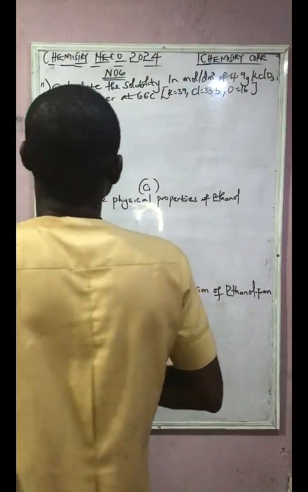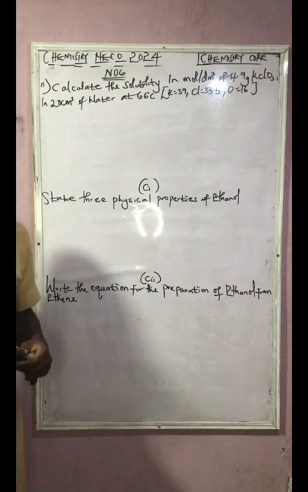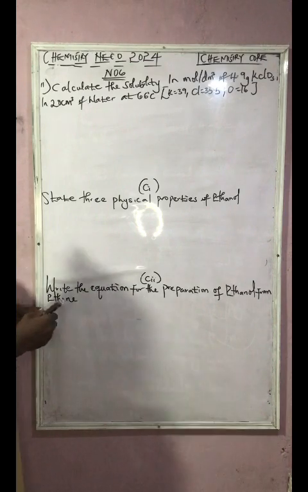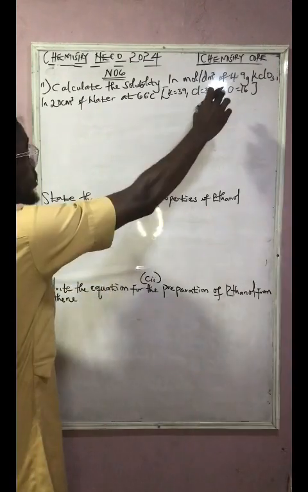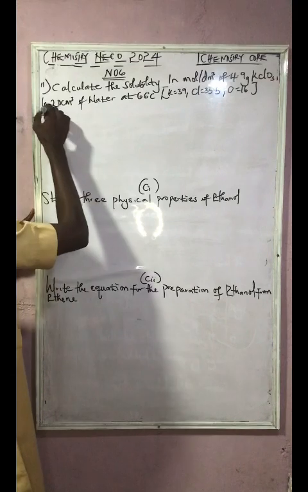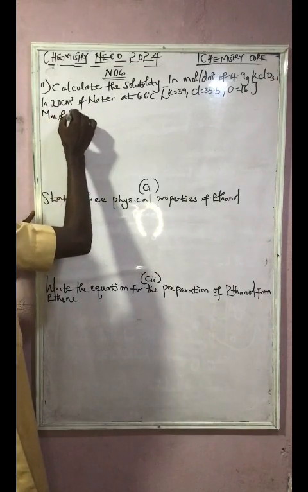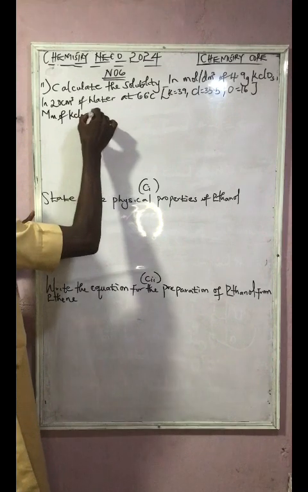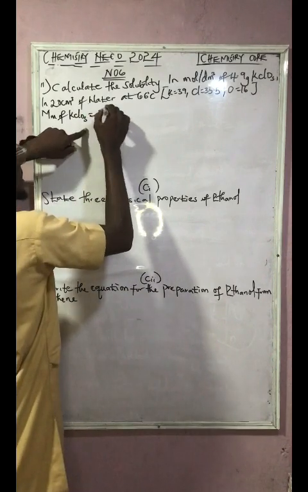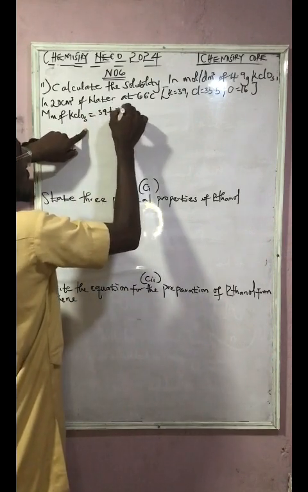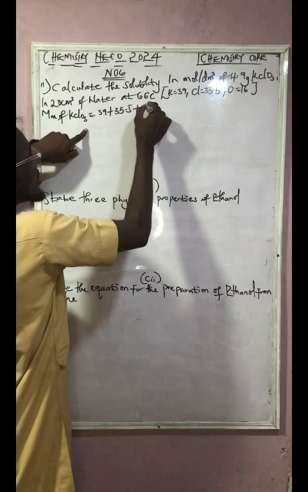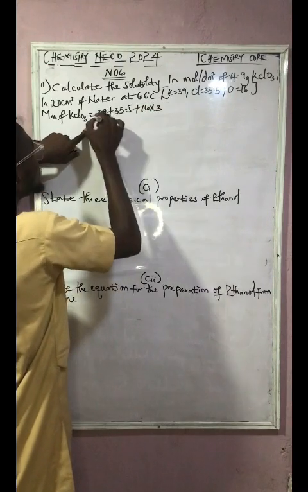The first thing we are going to take a look at is the molar mass of potassium trioxochlorate(V). So we have 39 plus 35.5 plus 16 times 3.